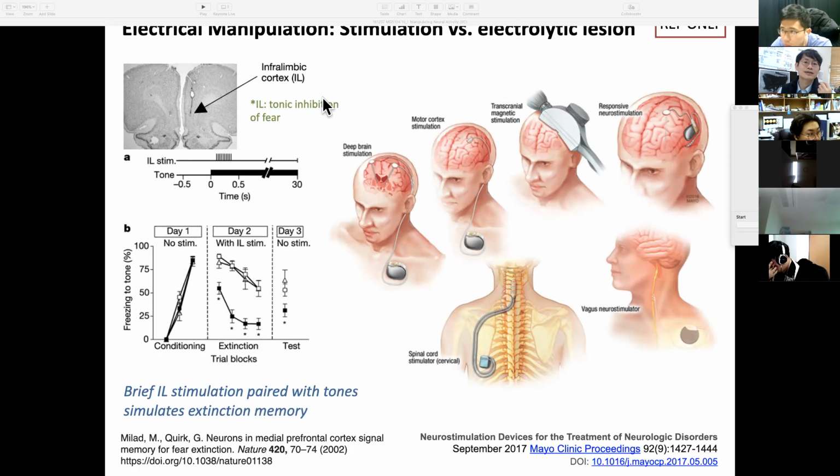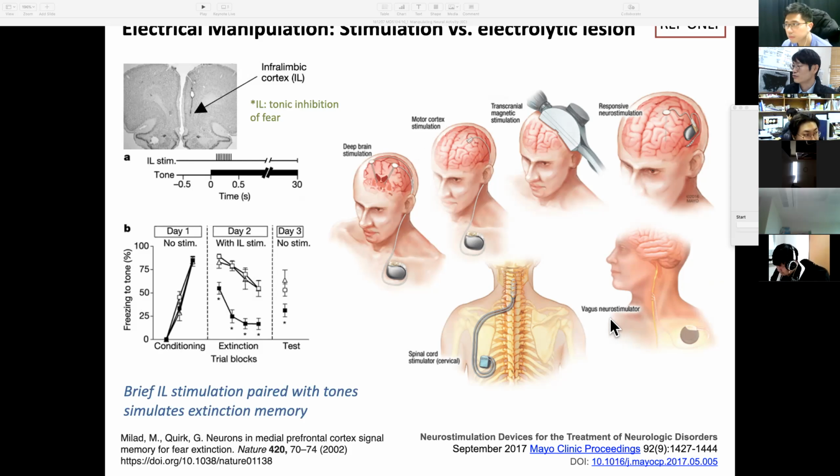And we still use a lot of electrical stimulation for human neuromodulation. For example, Parkinsonian patients have this deep brain stimulator, okay, deep inside the brain, and a motor cortex stimulator is here. It requires a certain surgical procedure, and a non-invasive way is transcranial magnetic stimulation, which we use a lot without knowing the full mechanism still, okay?